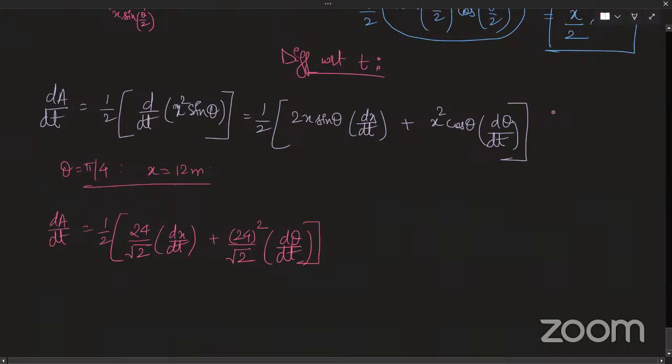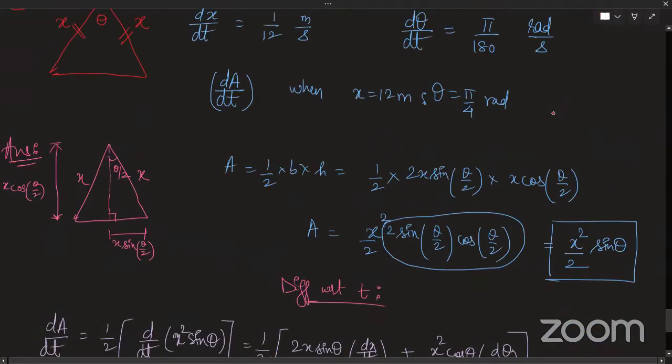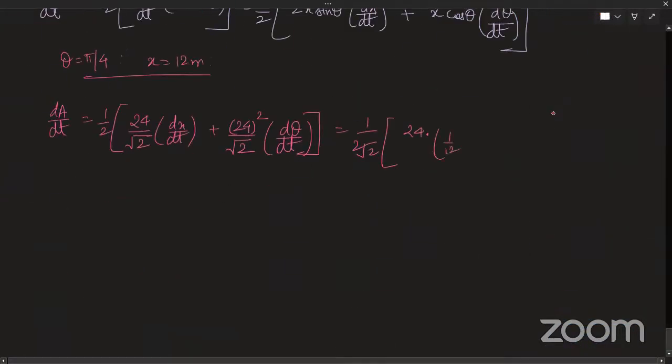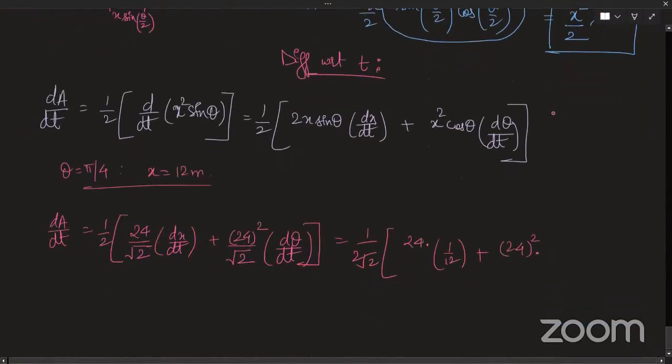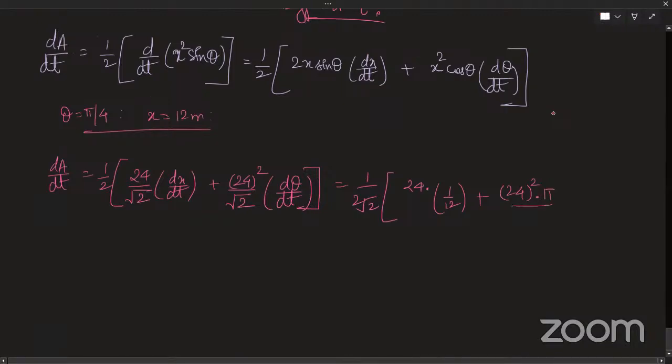So I'll take 1 by 2 root 2 common: 24 into dx by dt, which is 1 by 12, plus 12 square into d theta by dt, which is pi by 180. This is my final answer.